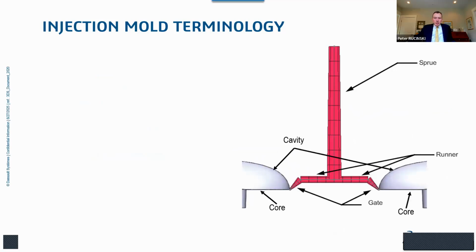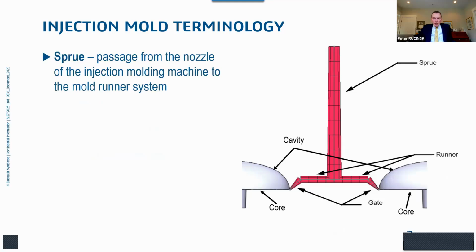If we dig a little bit deeper into this, the first piece of geometry that we talk about is the sprue. The sprue is the interface between the injection molding machine and the mold. The last component of the injection molding machine that the melted plastic sees is what we call the nozzle in English.